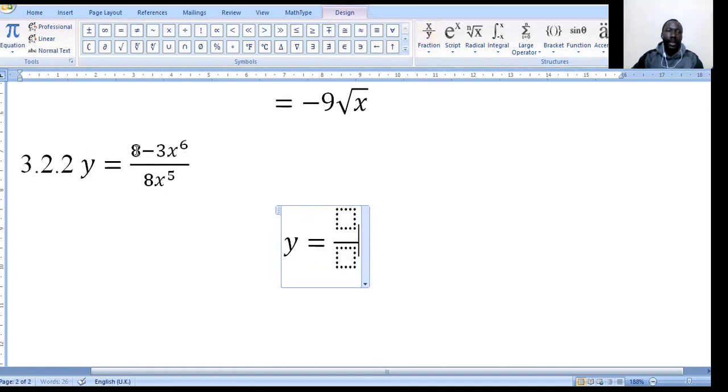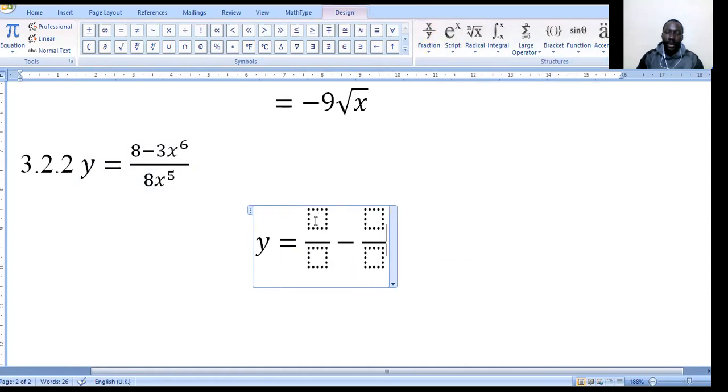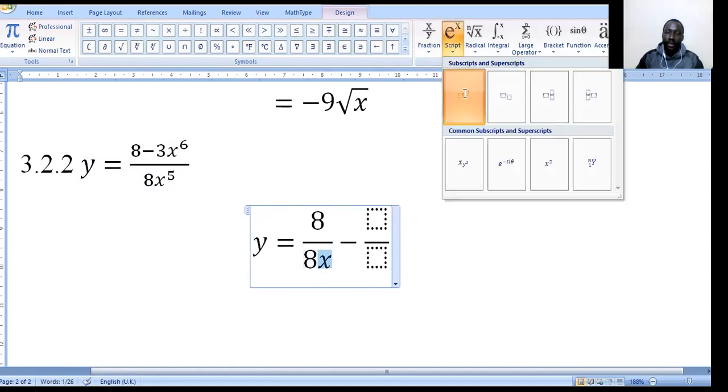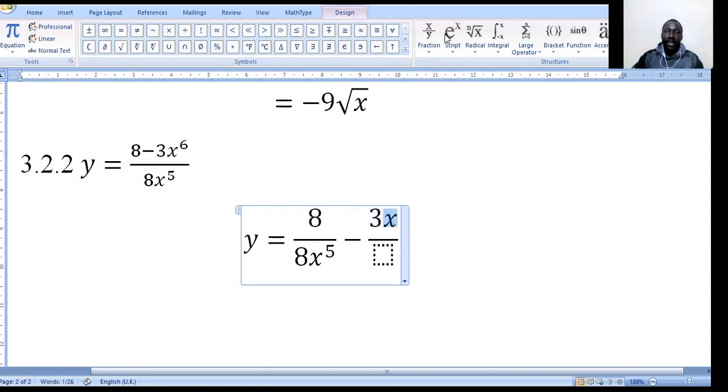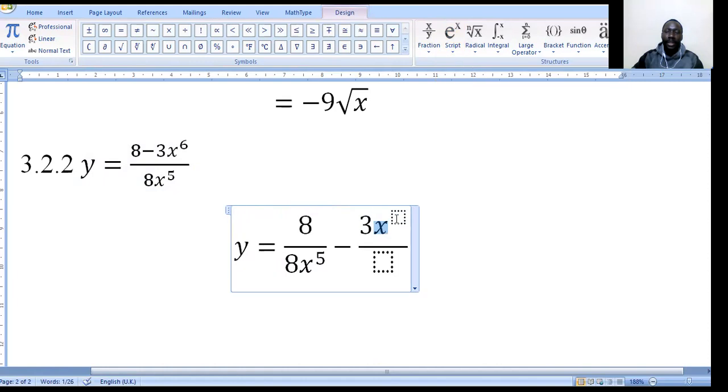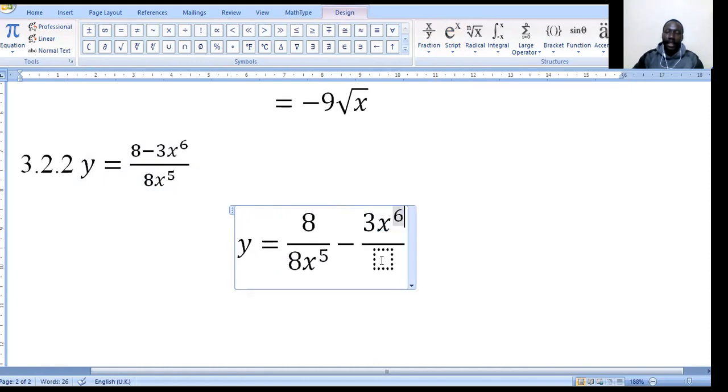We have to break it down, this 8 over that, minus, then we also separate this one here. That's what we want to do first.